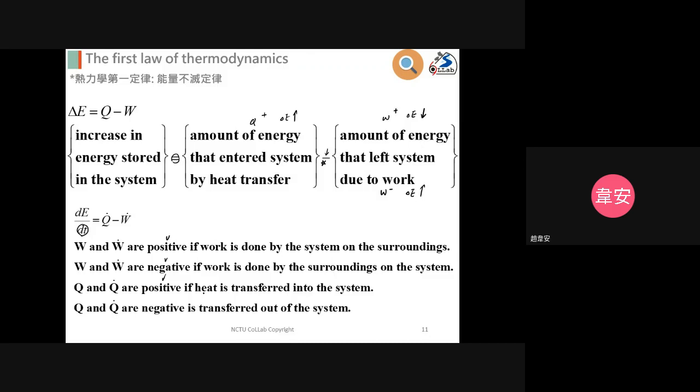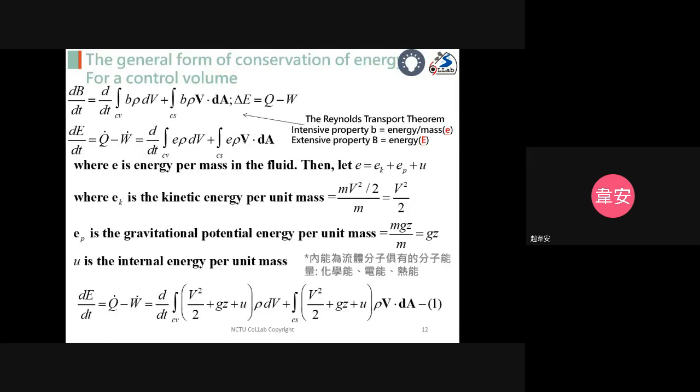So if the heat is transferred into the system, the energy increases. With the minus here, the energy will decrease because it is transferred out of the system.